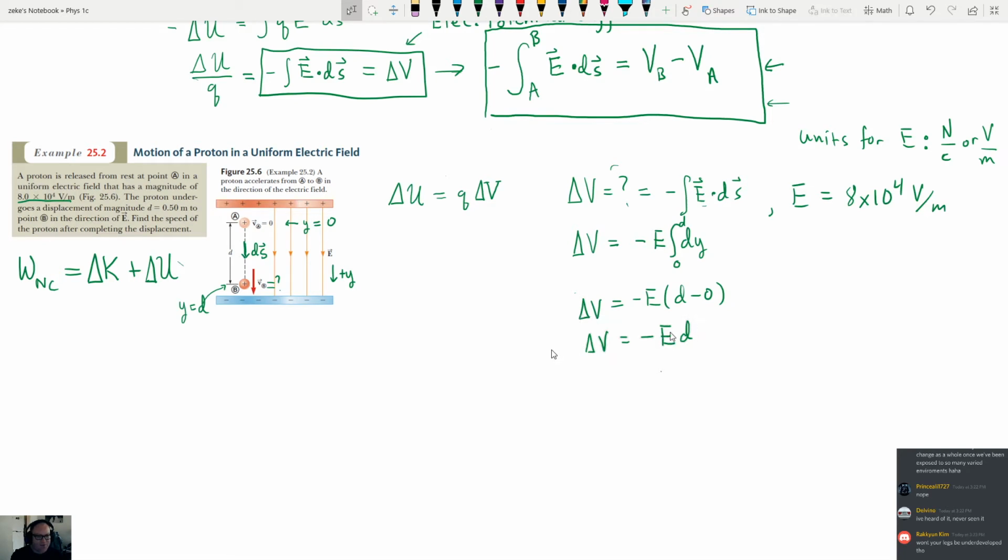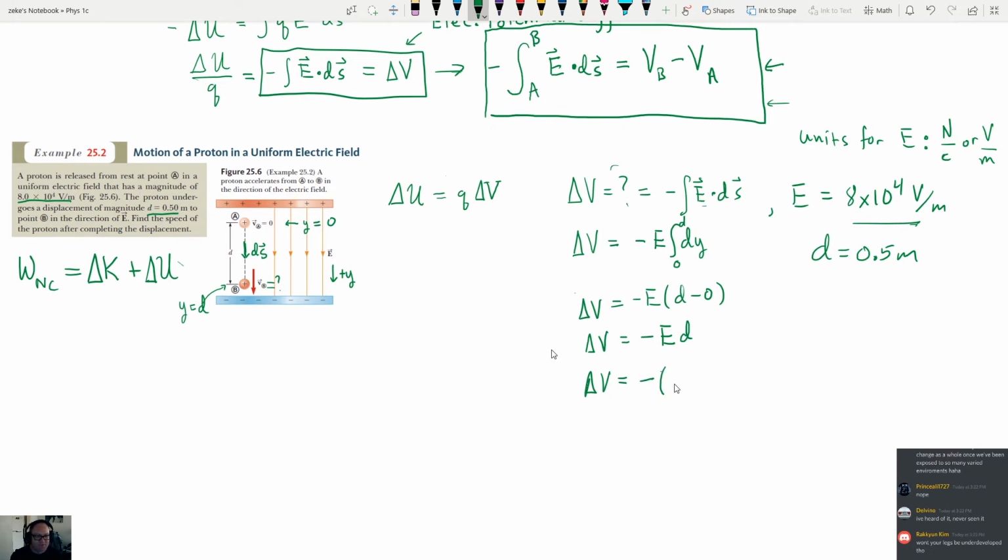Anytime you have a uniform field, if you're given a field and a distance, you can find the potential difference. If you're given a voltage and a distance, you can find the electric field. Okay? In this case, we're given the field, and we're given the distance, so d is equal to 0.5. So we can use that to find delta V, basically, right? And normally I just leave that till the end of the calculation, but let's go ahead and put it in.